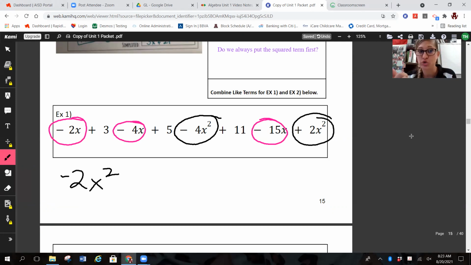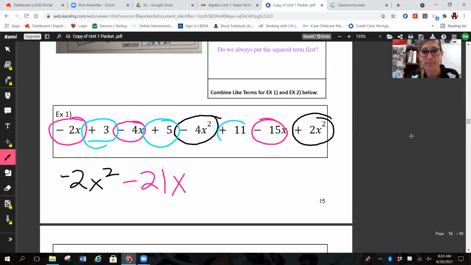So this is a -2, a -4, and a -15. When I add those three together, I get -21x. And then my constant, I need to do +3 + 5 + 11. And that's going to make 19. So my answer is -2x squared minus 21x plus 19.